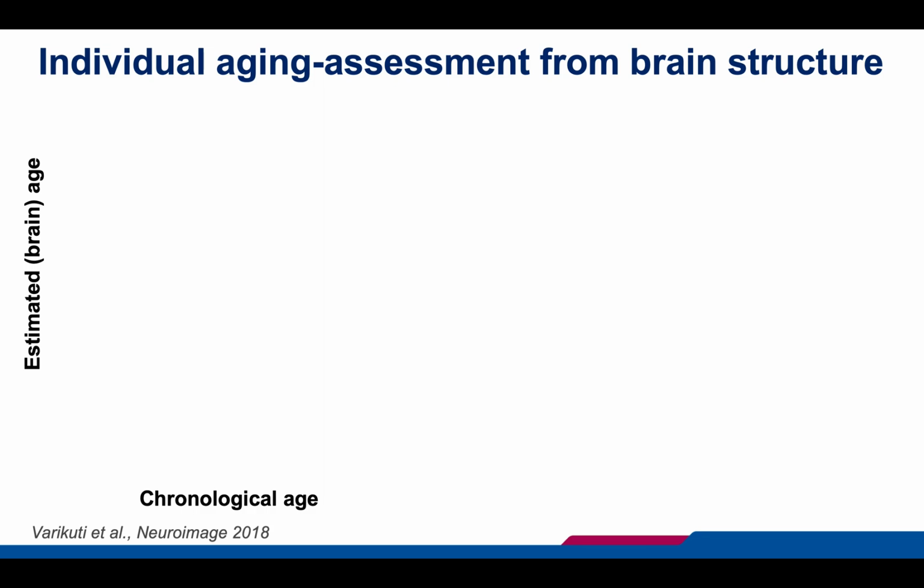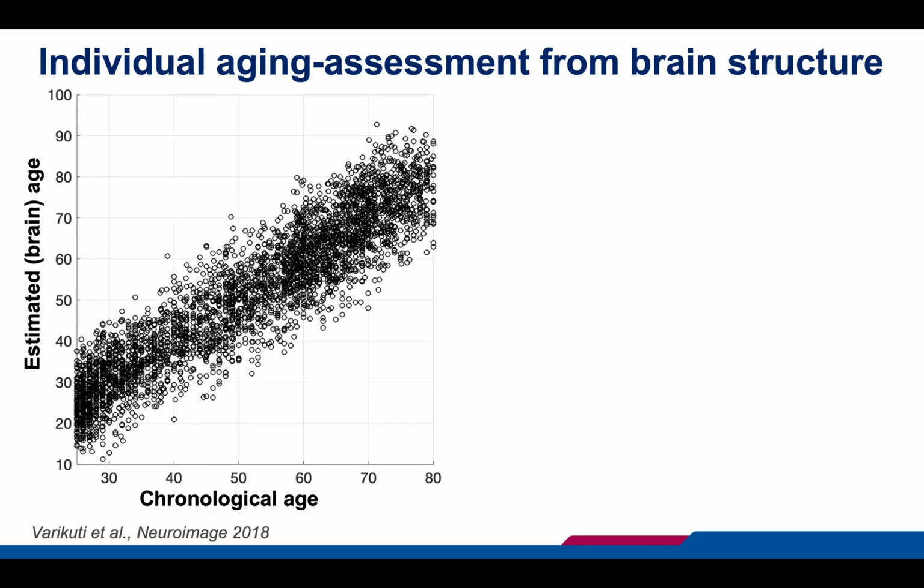Here is an example, it's already a couple of years old, where we did this for a few thousand subjects, and we can see quite well that, using nothing more than a 10-minute T1 MRI scan, we can predict individuals' age quite well.